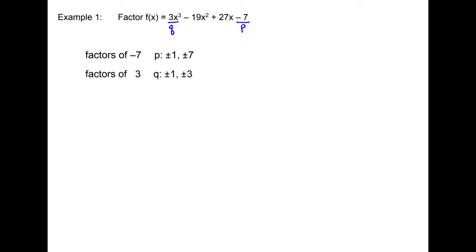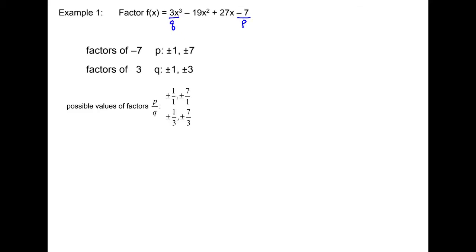And factors of Q will be plus or minus 1 and plus or minus 3. Then we can find all the possible values of P over Q, which is plus or minus 1 over 1, plus or minus 7 over 1, plus or minus 1 over 3, and plus or minus 7 over 3.